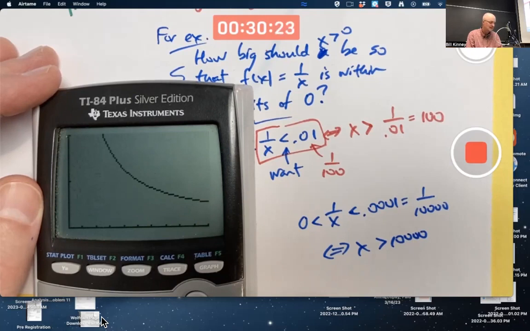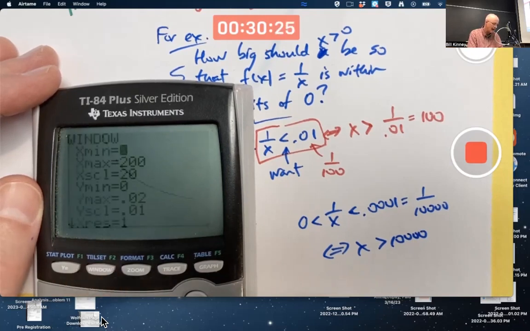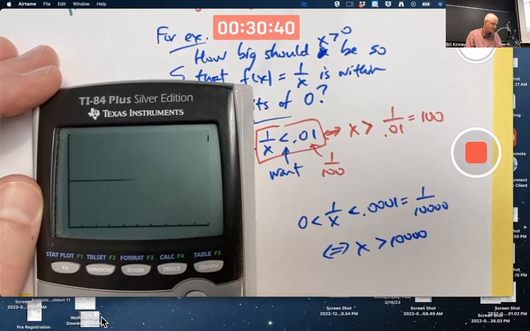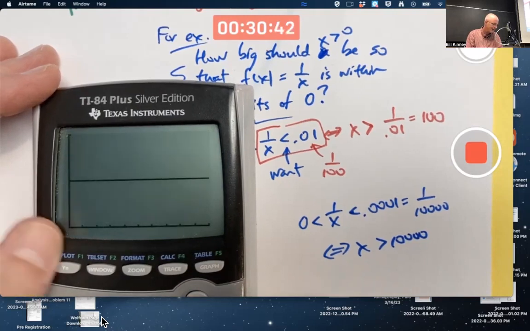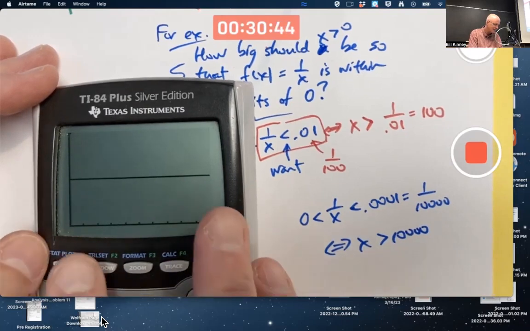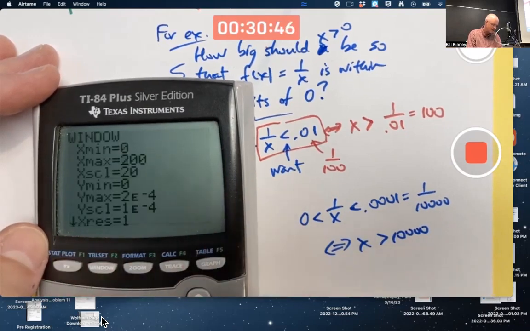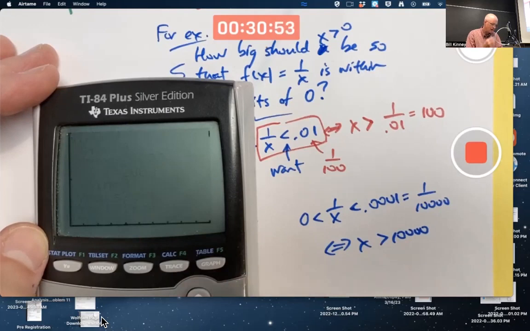But if I change my y max to be 0.0002, tick marks that are 0.0001 apart, then I'll see it, hopefully. Did I now change the x? Okay. Yep, thank you. Go out to 20,000, 2,000 units apart. Here we go.